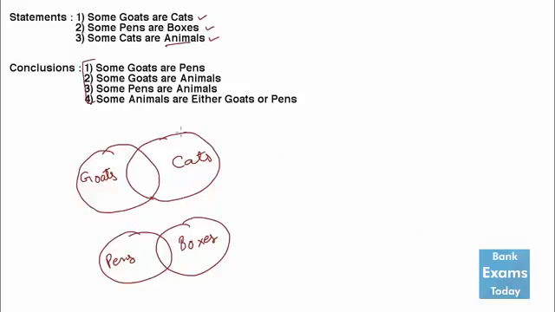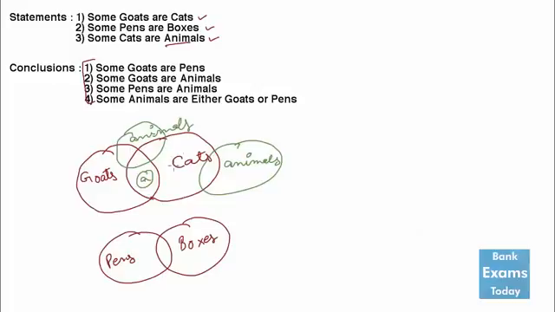So some cats are animals. It can be something like this for animals, or it can be like this for animals, or it can be like this again for animals. So there are these three possibilities. Now let's move on to the conclusions.